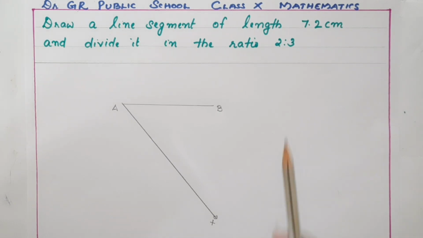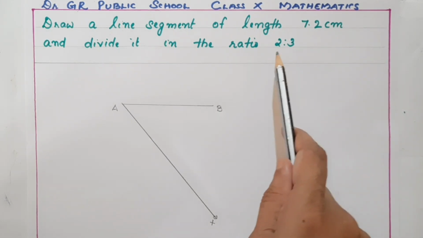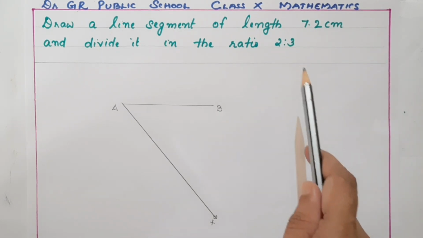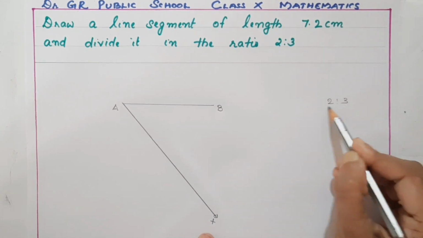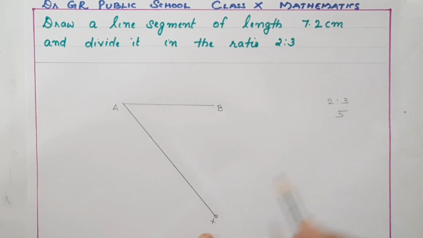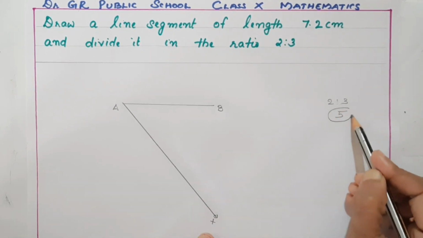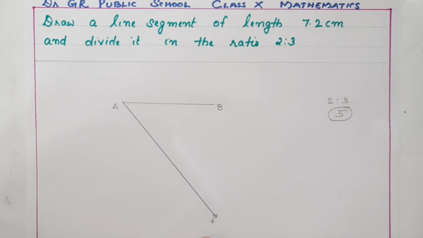Now we have to consider the ratio. What is our ratio? 2:3 and the sum of the terms 2:3, sum of the terms is 5. So we have to make 5 equal parts in this new ray.